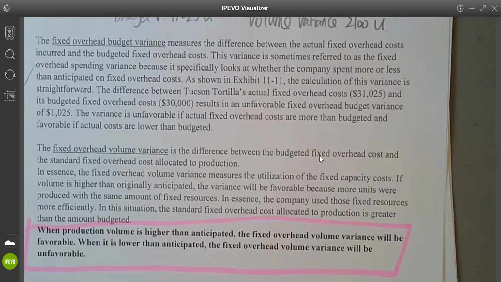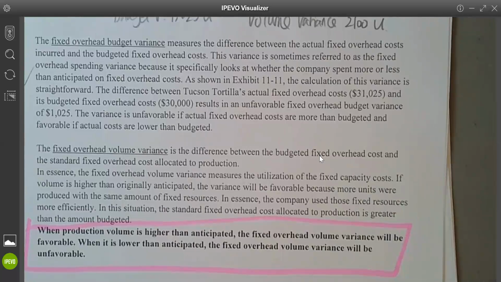But for the other side, if for the $10,000 fixed manufacturing overhead, you thought you will produce 20,000 units, you only produced 15,000 units, the volume is lower, then in this case, you will expect to see unfavorable fixed manufacturing overhead volume variance. Okay, that's it.